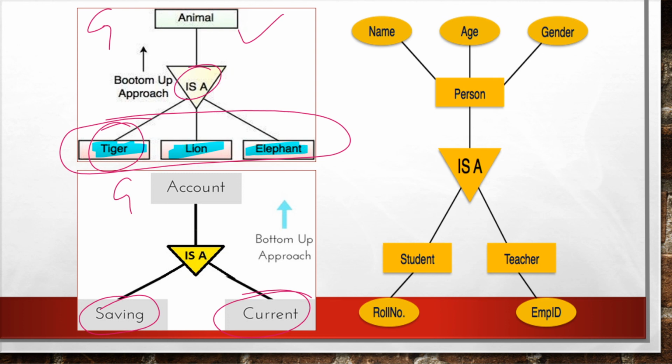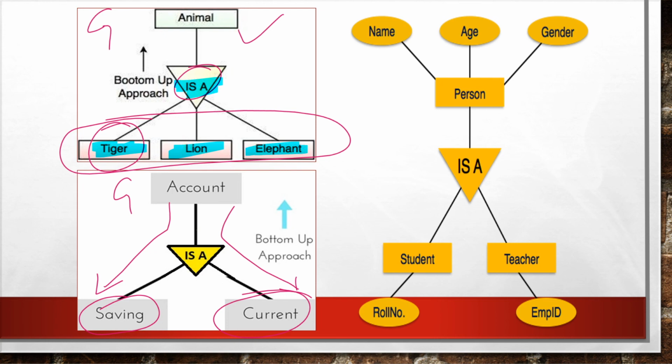If we are going through this path, account is generalized to saving account and account is generalized to current account. So if we are reading in a bottom up approach, the bottom up approach is generalization. If we are reading in a top down manner with an is-a relationship, the is-a relationship is representing the specialization concept.